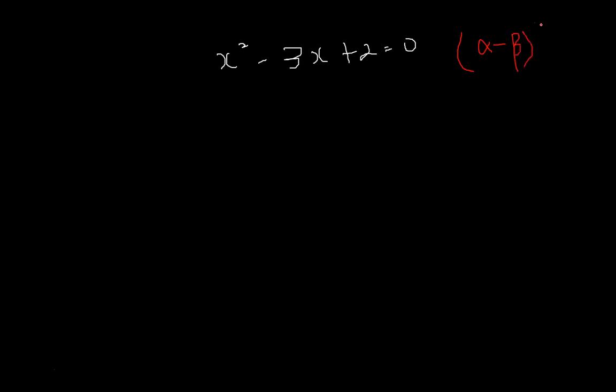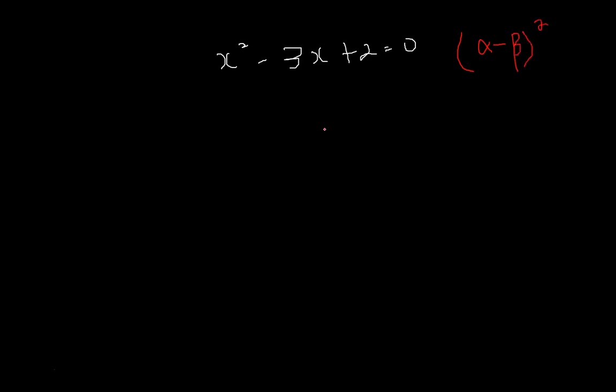The quadratic was x squared minus 3x plus 2 is equal to 0. And what they want you to find is alpha minus beta squared.